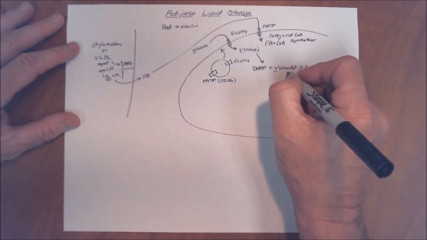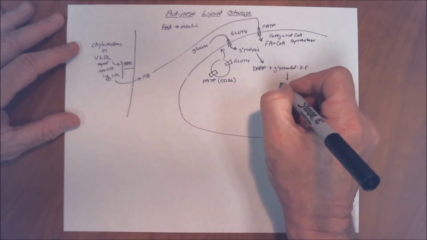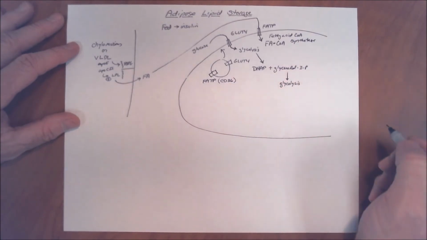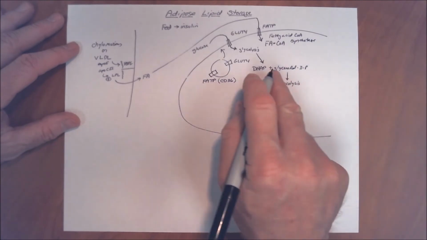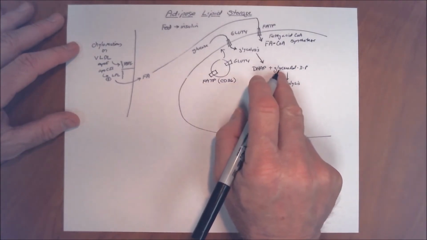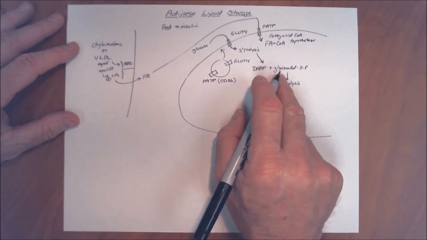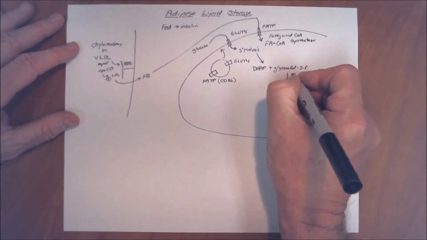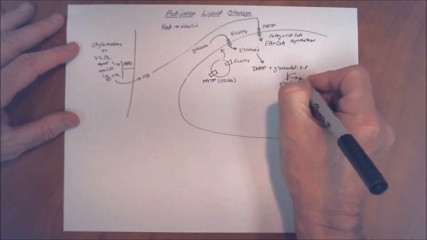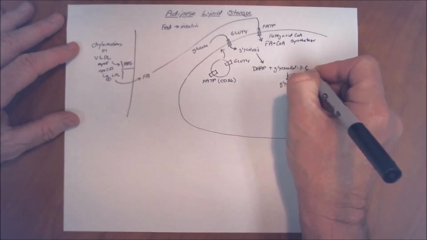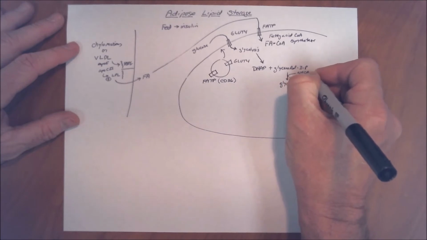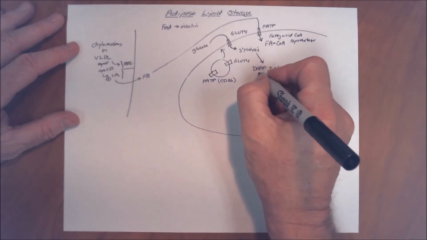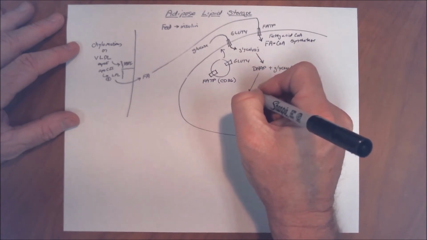Now the glyceraldehyde 3-phosphate, of course, can continue on in glycolysis. The next step of this reaction, with the dehydrogenase enzyme to produce 1,3-bisphosphoglycerate, is going to generate NADH.